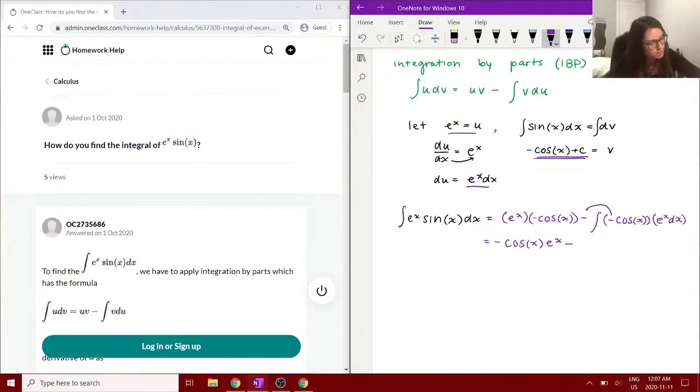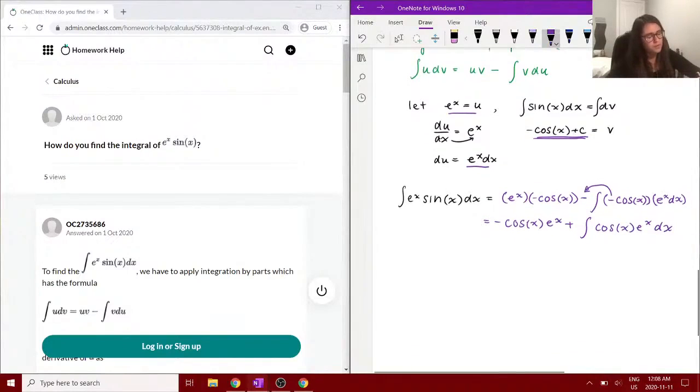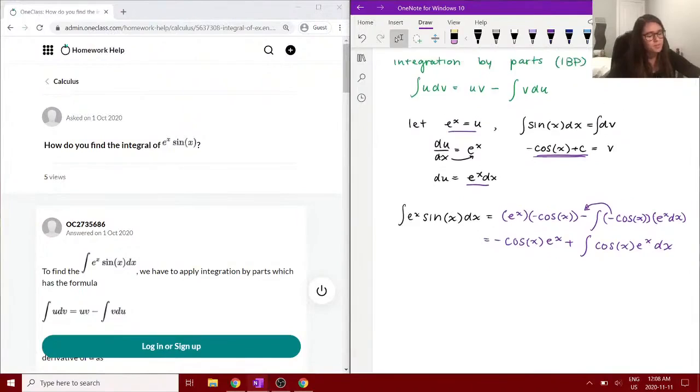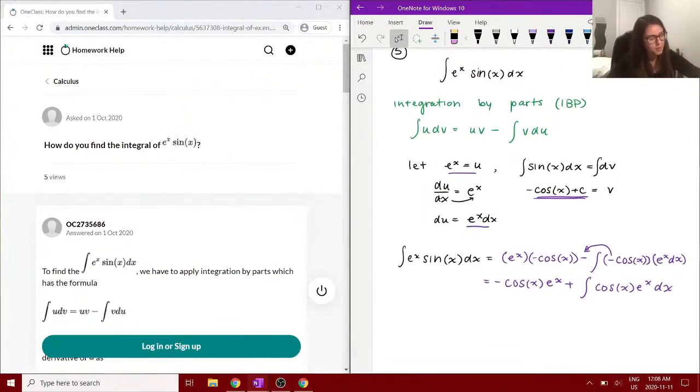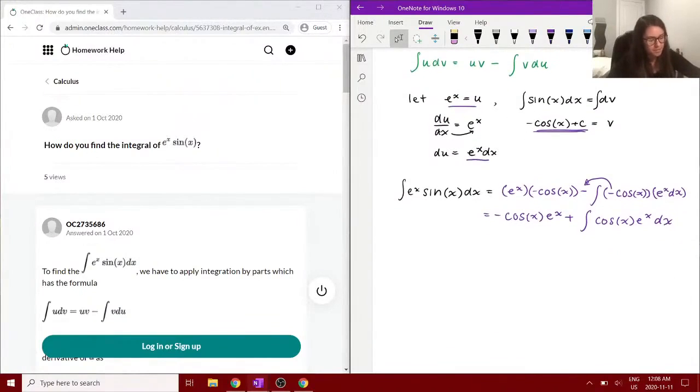So actually the minus cancels out, so we have plus the integral of cos x e to the x dx. Okay, so now you can kind of see, well, we're kind of back to square one, right? We still don't know what the integral of cos x e to the power of x is. It's almost the same thing as what we had originally.